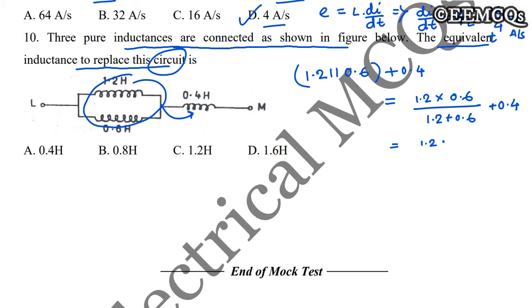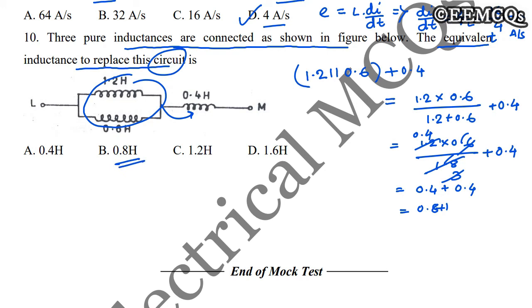This is equal to 1.2 into 0.6 divided by 1.8, plus 0.4. From this what do we get? 0.4 plus 0.4, that means 0.8 Henry. So the equivalent inductance here is 0.8 Henry, means option B here is the correct answer.